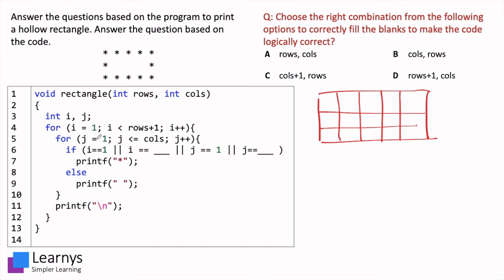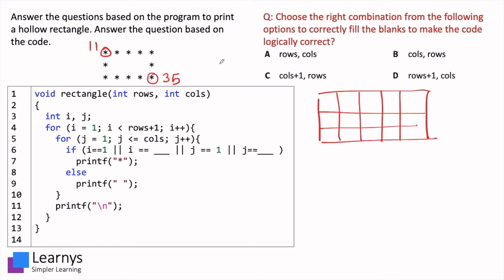So the starting values are 1. This particular star would have an address or a location in a Cartesian system as 1, 1, while this particular star would have 3 and 5. So this gives us our goal. We have to run a loop which goes from 1, 1 to 3, 5.